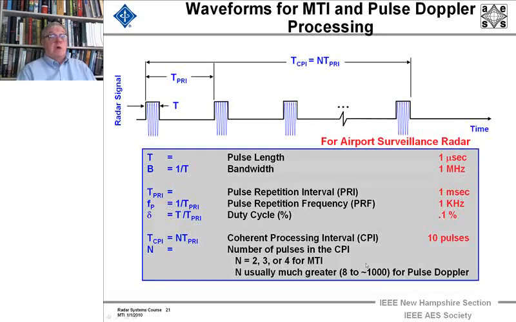So the coherent processing interval for airport surveillance radars in an MTI mode would be 2, 3, or 4. And N, as I said before, for pulse Doppler radars can be as little as 8 up to 10,000, up in the tens of thousands, and sometimes even higher.